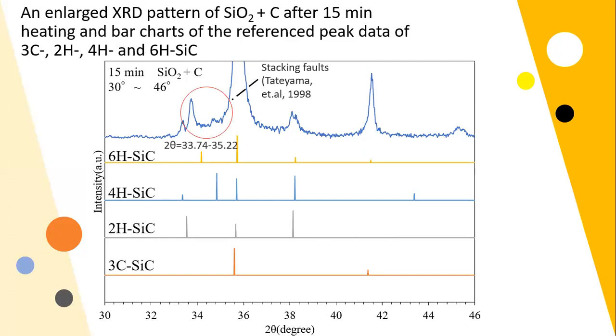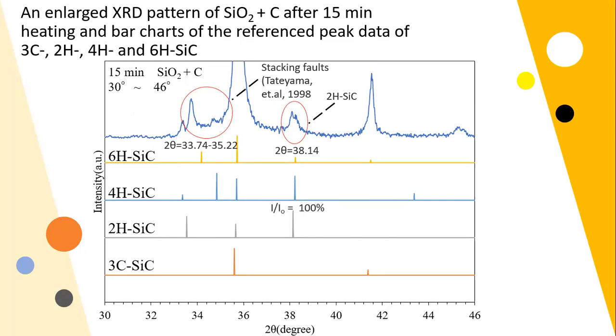This region is referred to Tateyama et al. in 1998 about quantitative analysis of stacking faults of SiC. At 2 theta 88.14, there is a peak of alpha SiC with the polytype of 2H SiC, because the relative intensity of 2H SiC is 1%.